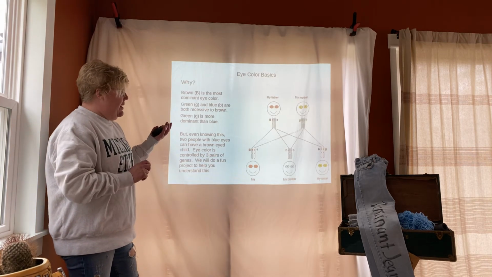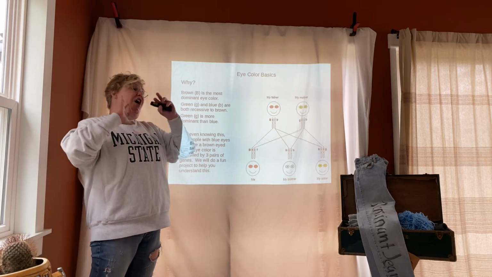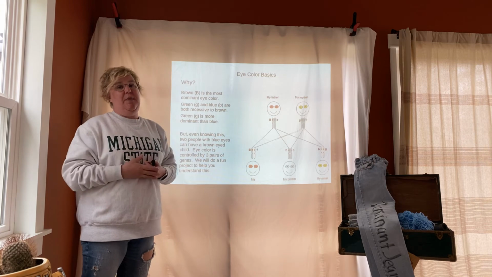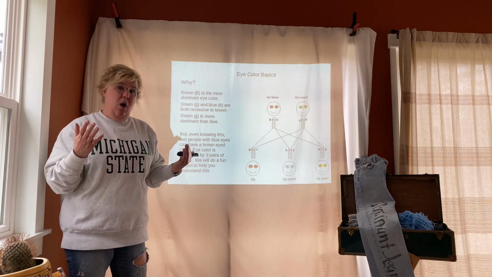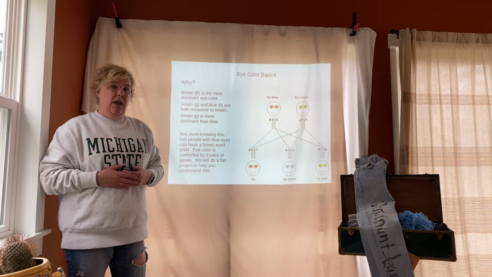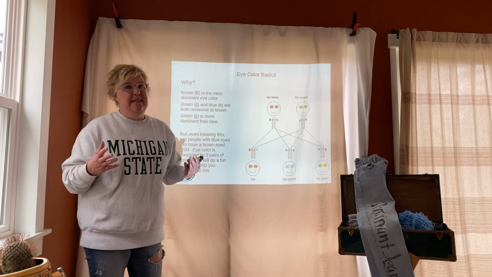So this is fun, and we would have started this entire unit with this really cool project about our eyes, and I'm still going to assign part of it next week for you to do at home, just so you can learn about your eye color, because eye color is amazing.